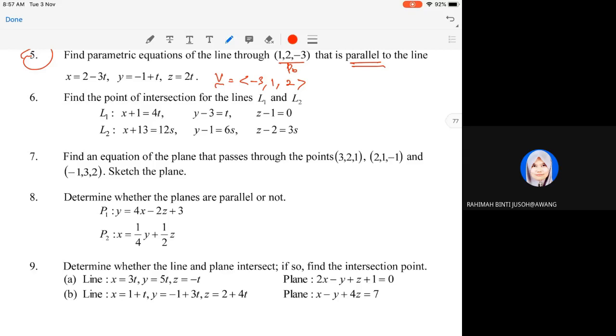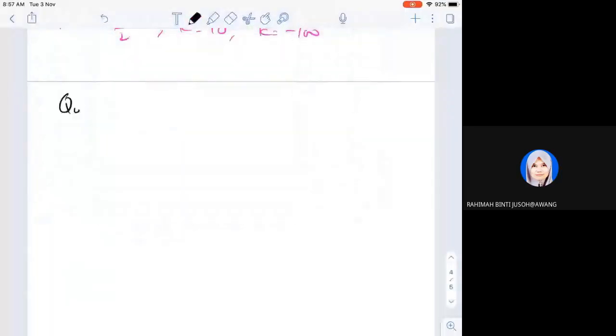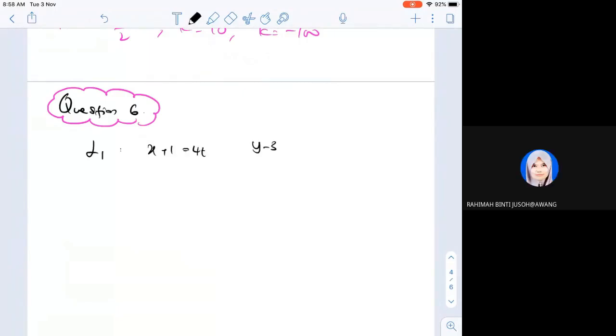Find the point of intersection for the lines L1 and L2. Let's do question 6. It says the first line, L1, we have x plus 1 equals 4t, and then y minus 3 equals t, and then z minus 1 equals 0.